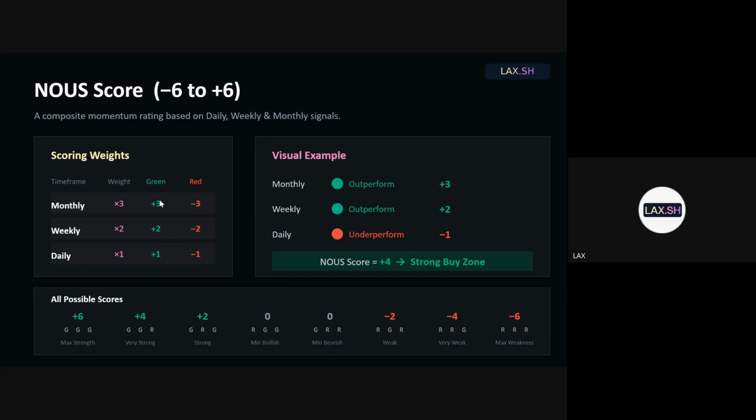So obviously, if a stock is green in all 3 time frames, what is the maximum score it will have? +3, +2, +1, that is 6, right? If a stock is red in all 3 time frames, what is the minimum score it will have? The worst case scenario: -3, -2, -1, that is -6, right?